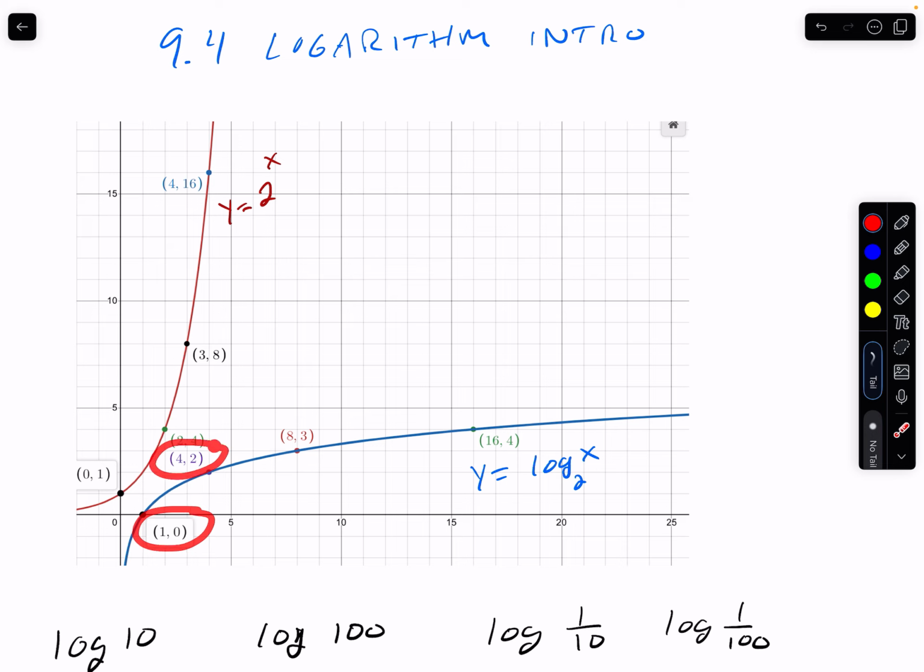The log base 2 of 4 is 2. The log base 2 of 8 is 3. And the log base 2 of 16 is 4. Really, what you're saying is 2 to the what power is my output. So 2 to the what power is really what we're looking for.